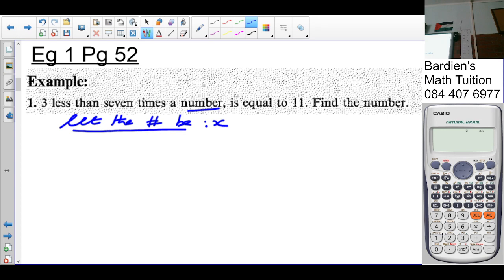Okay. So 3 less than 7 times a number. What would that be? 3 less than, so less than was minus, 7 times a number, so it's going to be 7x minus 3 is equal to 11.